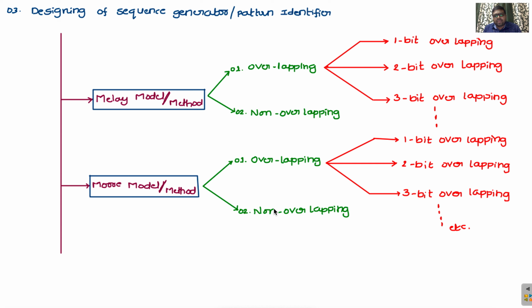In the same way we have Moore model for designing of sequence generator, otherwise pattern identifier. We have two types, overlapping and non-overlapping, and in overlapping again 1 bit, 2 bit and 3 bit overlapping, like that it goes on. So this is the third topic in finite state machines.